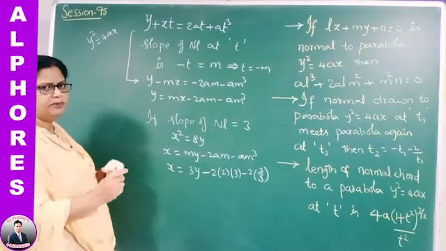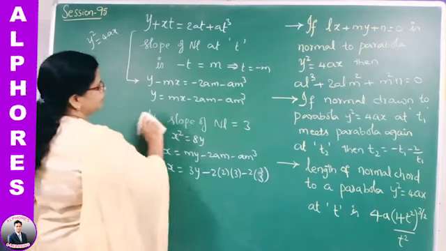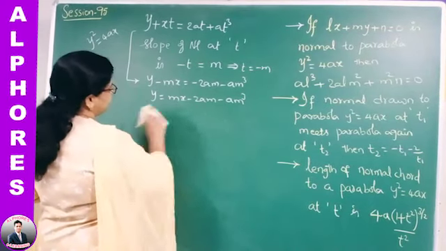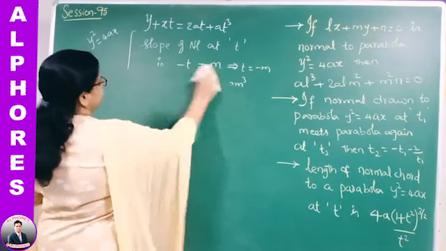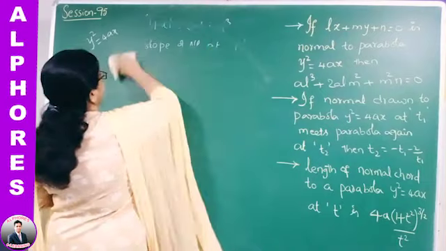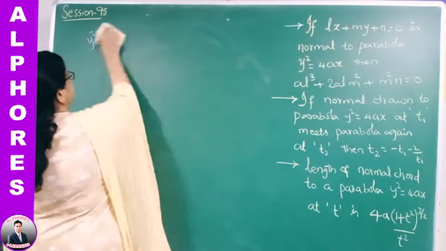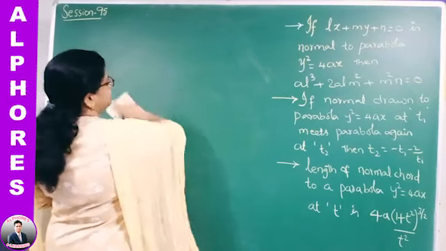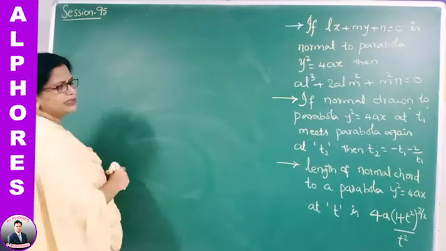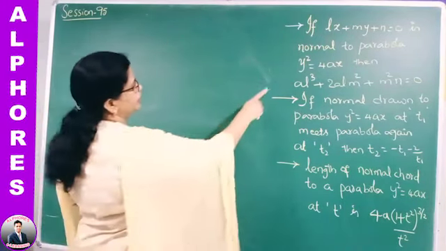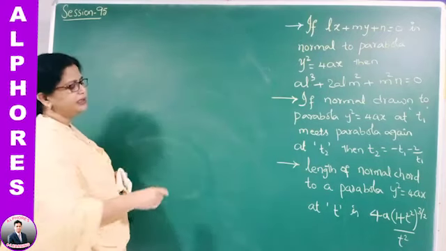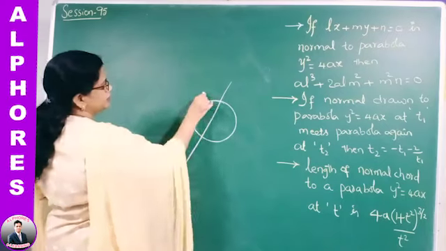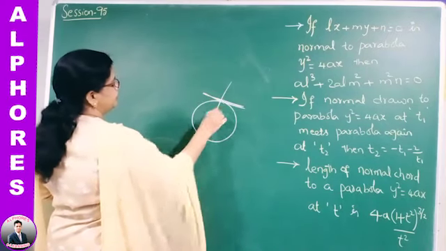Now sometimes students ask, just like our previous chapter circle, suppose a line is given with some unknown, then what is the condition for the line to represent a normal? If it is a circle, no such restrictions are there. We know clearly that the normal always passes through the center of the circle, however the tangent you consider.